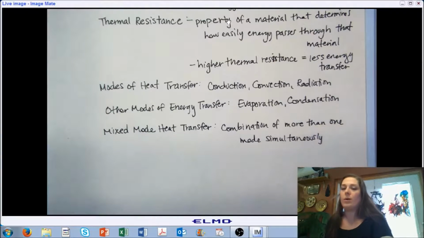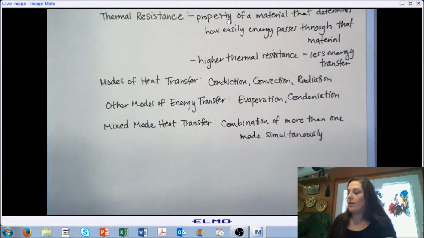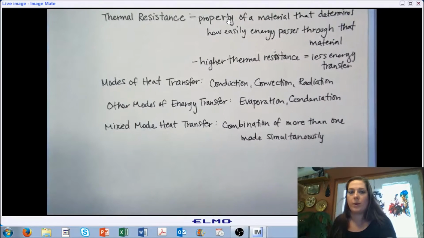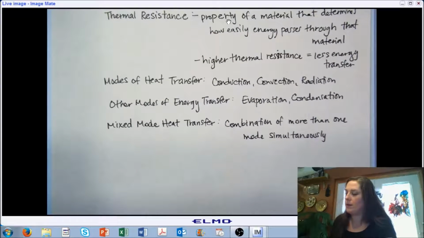All right, so those are the new vocabulary or refresher vocabulary and definitions that we need to be aware of.